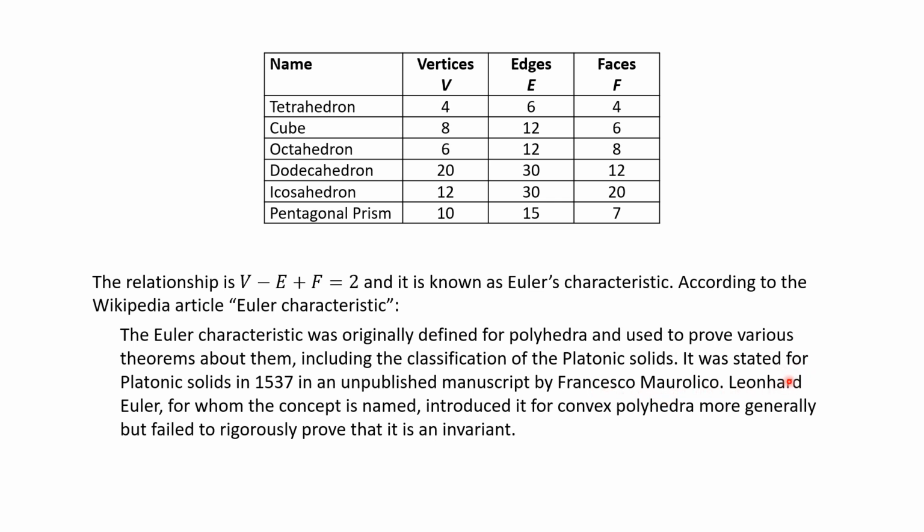The famous mathematician Leonhard Euler, for whom the characteristic is named, introduced it for convex polyhedra more generally, but failed to rigorously prove that as an invariant. So that's a very brief history.